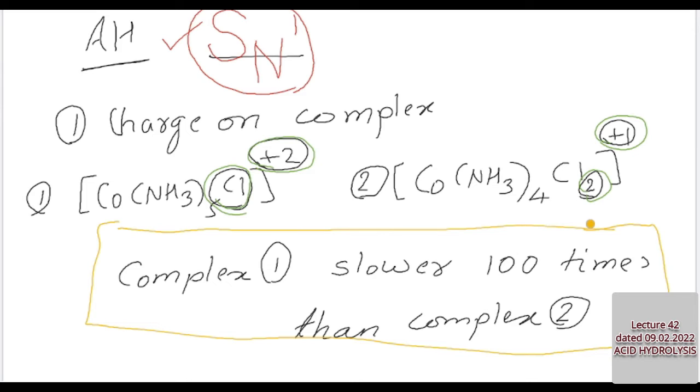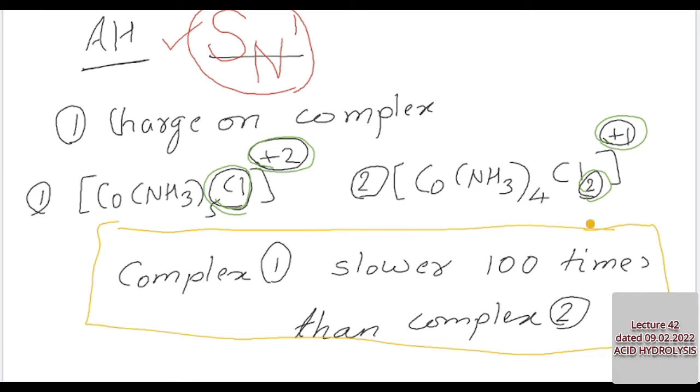Which mechanism can you predict? SN1. Absolutely, the answer is correct. But I want you to work mentally, with understanding. On what ground are you saying that SN1 is the favorable mechanism? How does this observation support it?